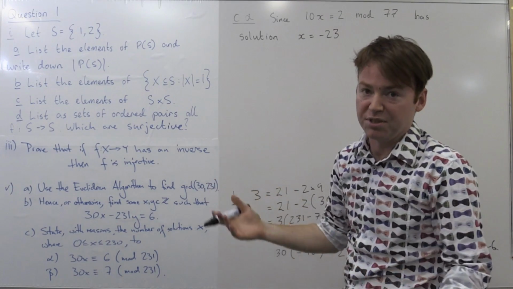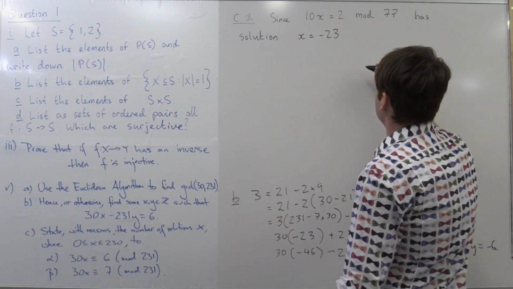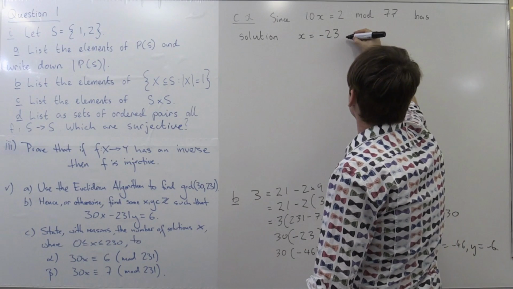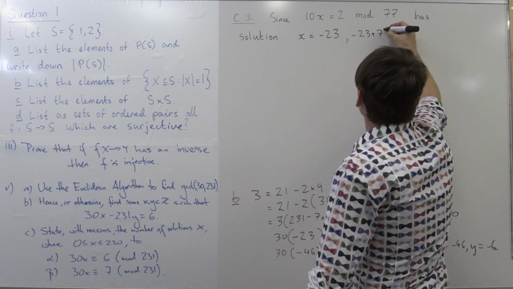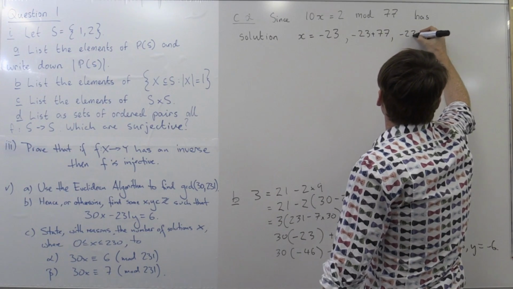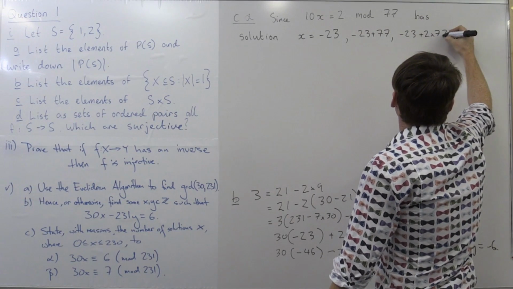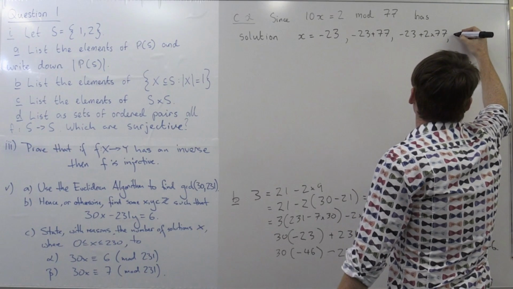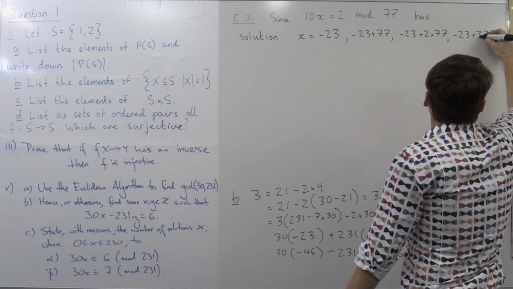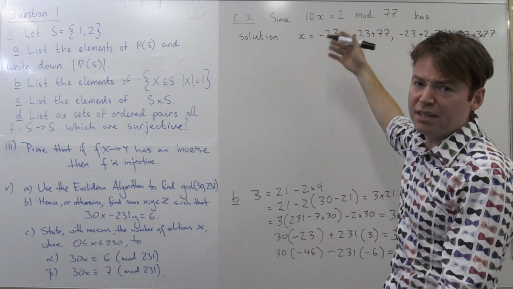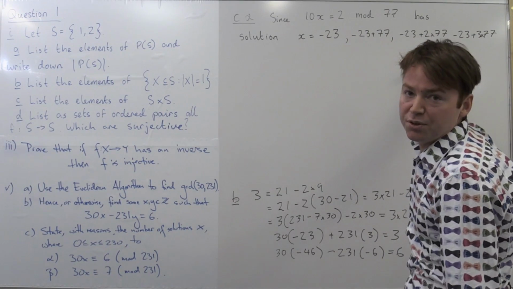You don't need to say explicitly what the solutions are, but I want to say what the solutions are just to emphasize something. So negative 23 plus 77, and negative 23 plus 2 times 77, and I could even go further, negative 23 plus 3 times 77, and so on. It's got all these solutions, but in mod 77 there is only one solution.